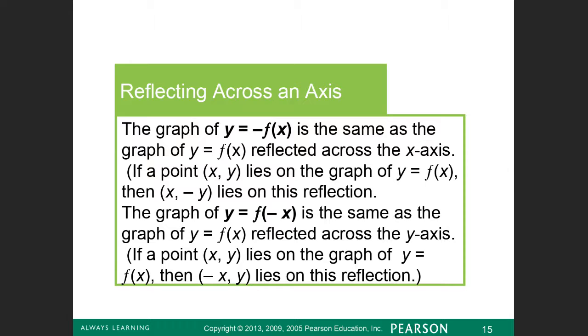So this is for reflecting across an axis. So note with this sign here, it's a negative f of x. And note also when you have the f of negative x.